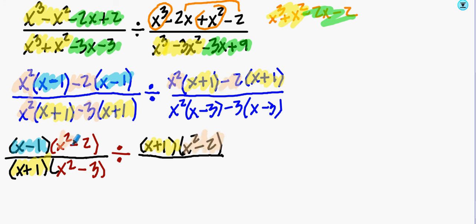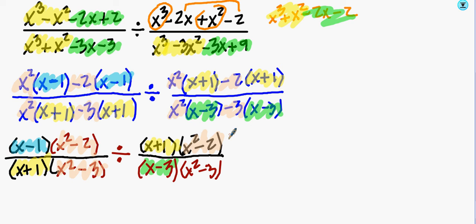Right? And let's shade these two. In the bottom, and let's use green, we can factor out x minus 3. I'm going to factor out x minus 3, and what's left over is x squared minus 3.